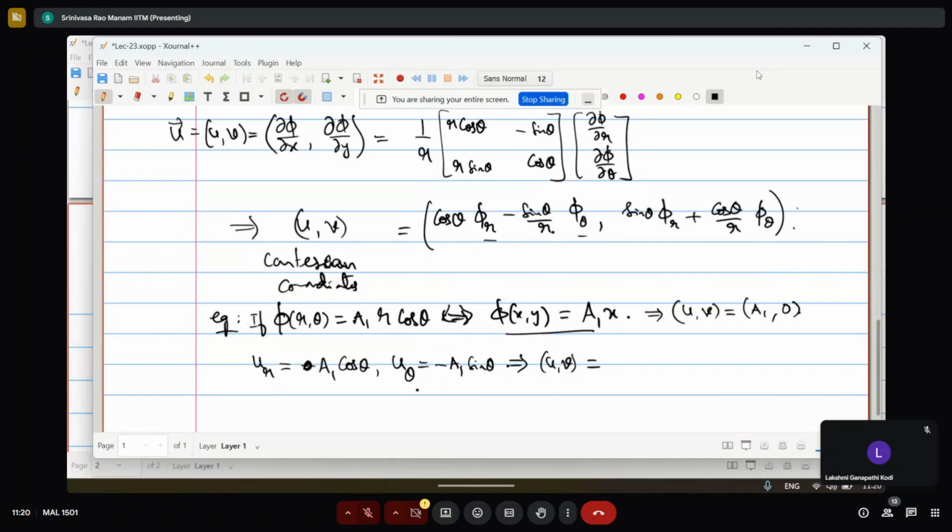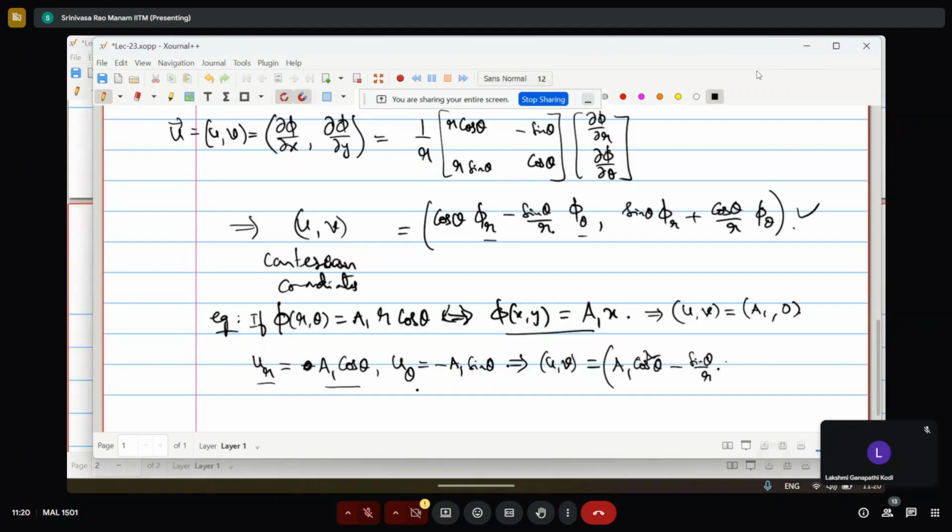Now if I'm using this formula, let us look at this. Cos theta into phi r. What is phi r? Phi r is your UR, no? A1 cos theta. So it becomes A1 cos square theta minus sin theta by r into what is phi theta?